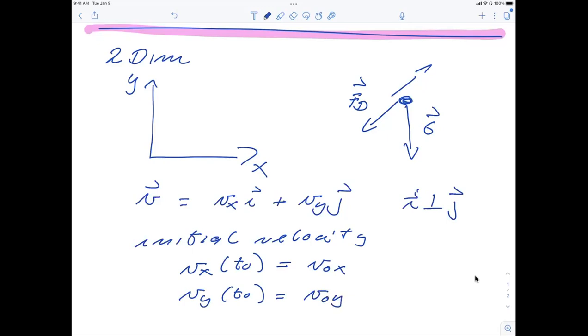Then clearly, if we have an initial velocity, we also have an initial position. So we would then have y and x, and we call these y_0 and x_0 at t_0. It's pretty common to put t_0 equal to 0. That simplifies life a lot.